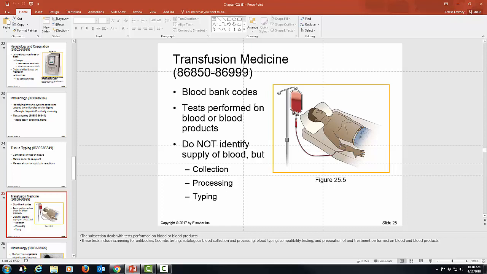So this is just an example of one thing that's being performed. It does not identify the supply of the blood, but you're going to code based on the collection, the processing, and the typing. These tests include screening for antibodies, Coombs testing, autologous blood collection and processing, blood typing, compatibility testing, and preparation and treatment performed on the blood and the blood products. So remember, any kind of preparation, any kind of work that's going on prior to the transfusion is your responsibility to code.